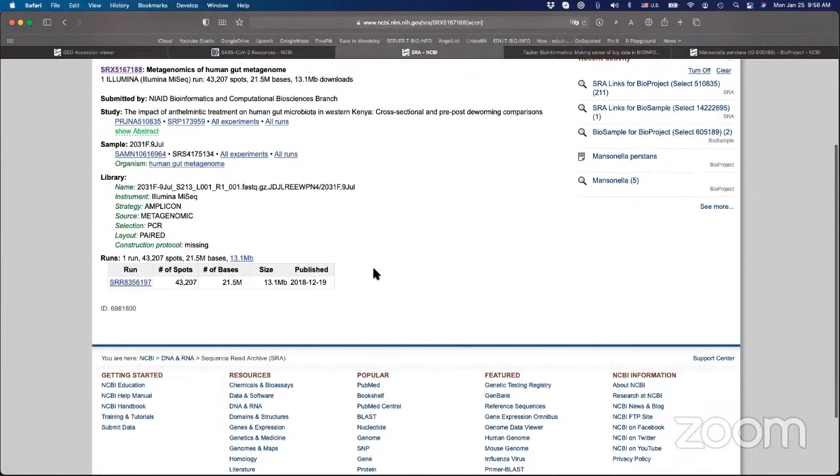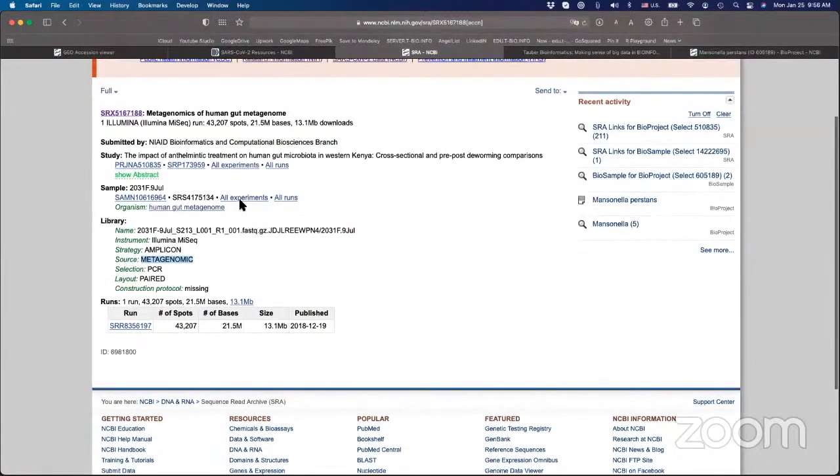What's important here is to understand how this data was prepared. You can see here that this is amplicon data using Illumina MiSeq, and it is metagenomic. It's PCR and it's paired.